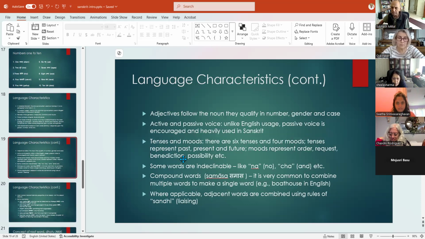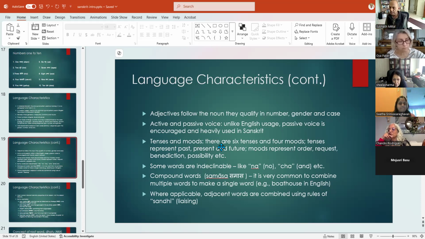Now, in general, when we make a sentence, all the adjectives must follow the noun that they are qualifying. That's a very important part of this structure. A quick example would be any adjective, like a good book or a readable book.